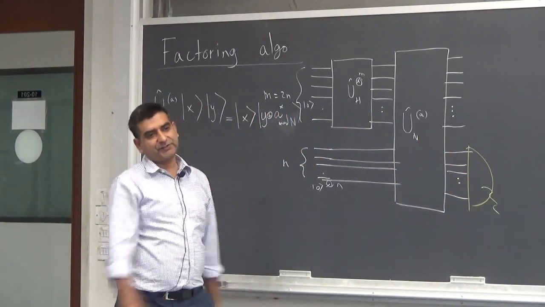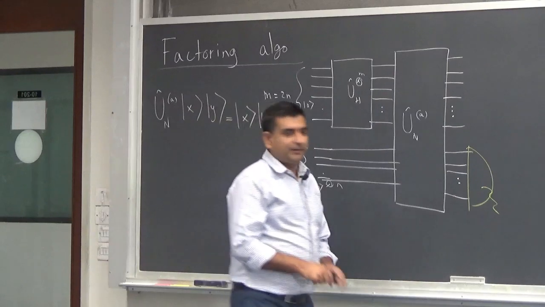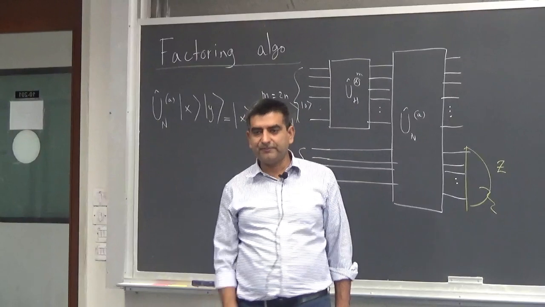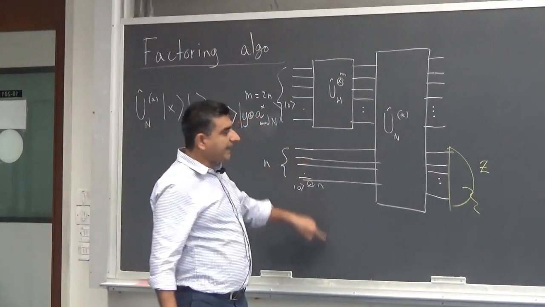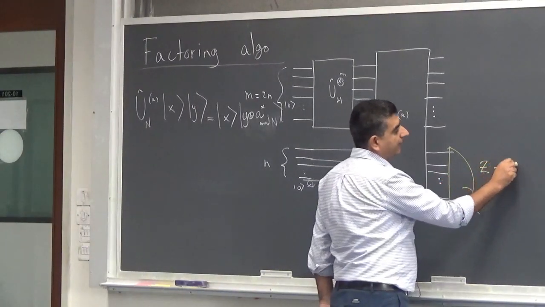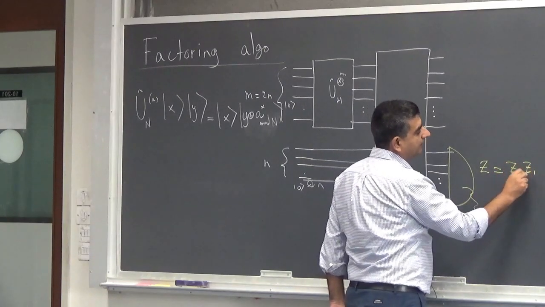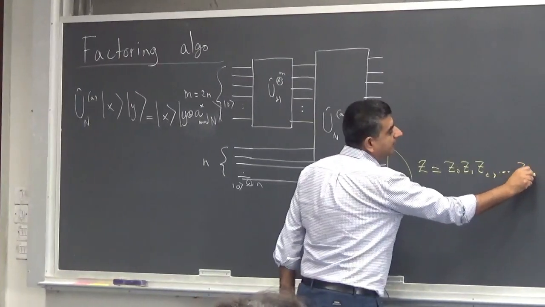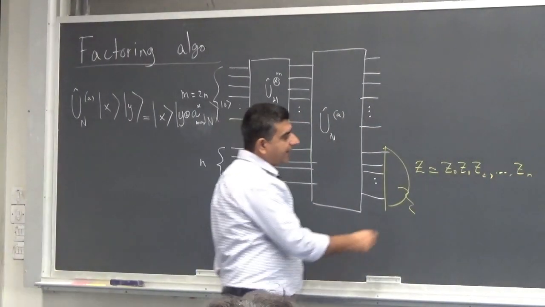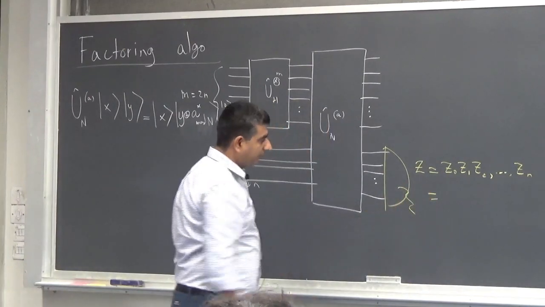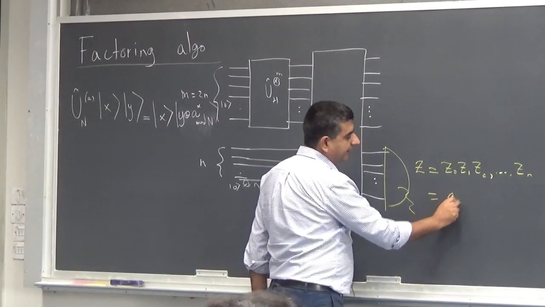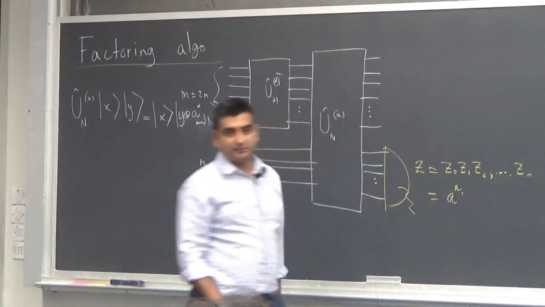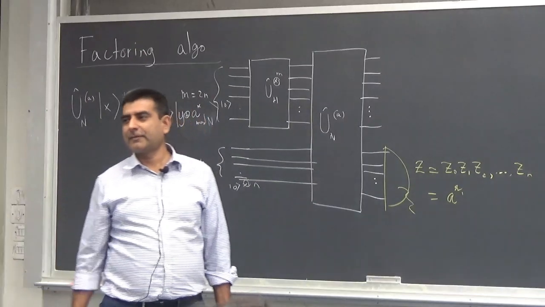Then we put a giant detector over here and we measured this state. This state turned out to be some integer z, which is an n bit sequence going from z0, z1, z2 up to zn. And of course this has to be equal to a raised to power some r1, right?